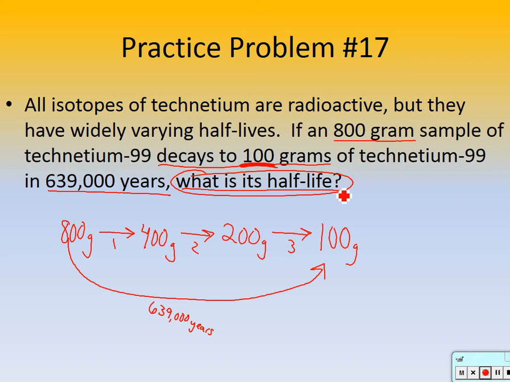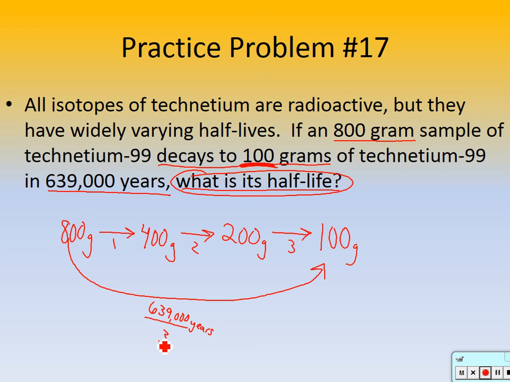How do we get it? Good, we take the total time and divide it by how many half-lives we had: 1, 2, and 3. So 639,000 divided by 3. Are you guys getting 213,000?